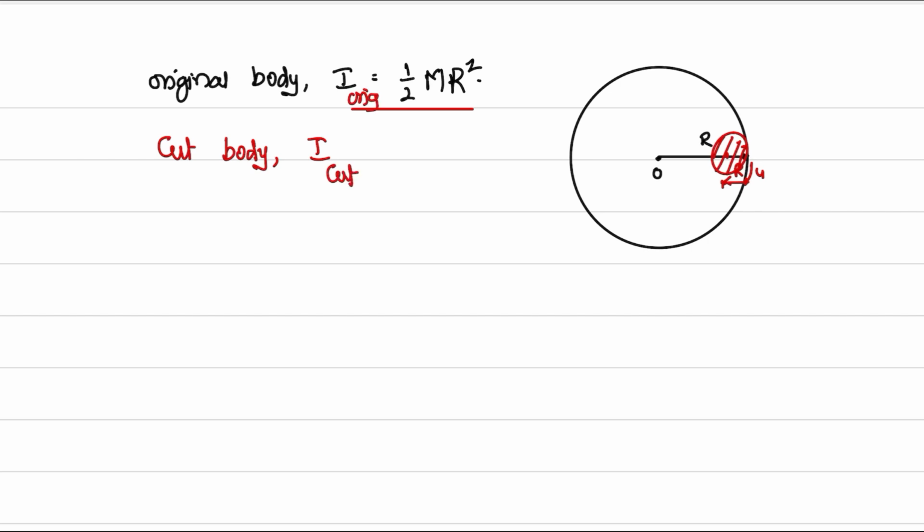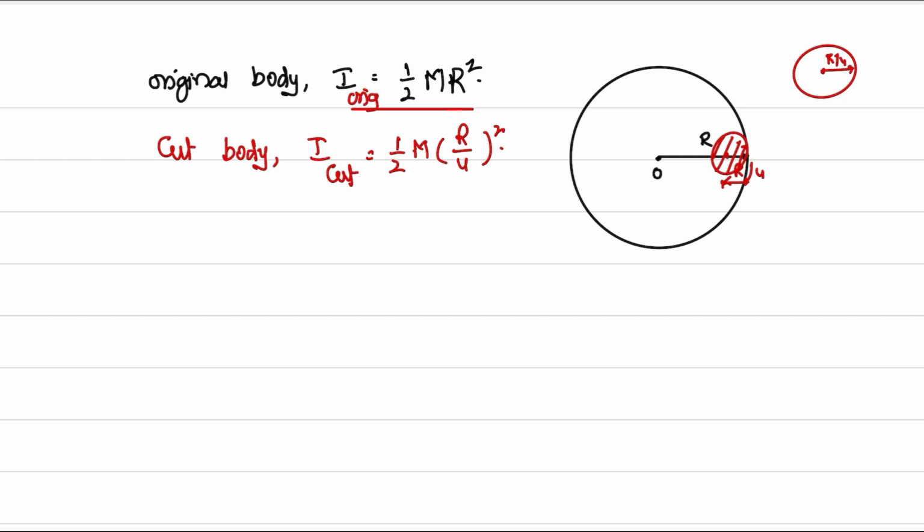The cut body's I with respect to its own center: please understand this. The cut body has radius r by 4, and with respect to its own center of mass, the cut body's moment of inertia is half m into r by 4 whole square.